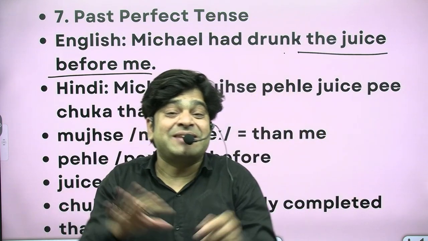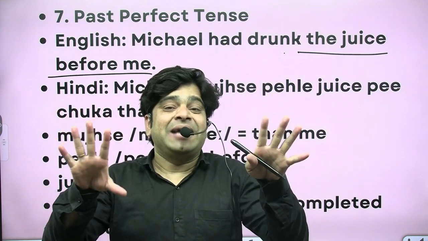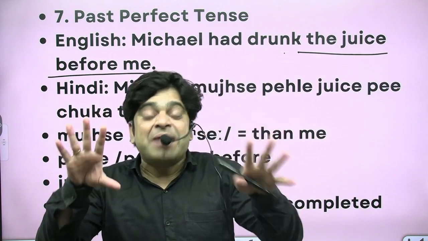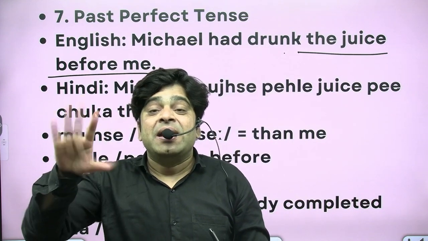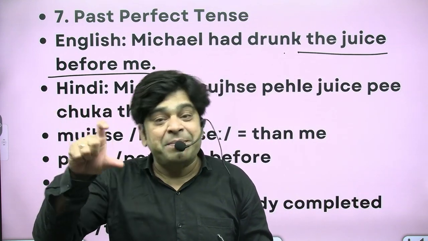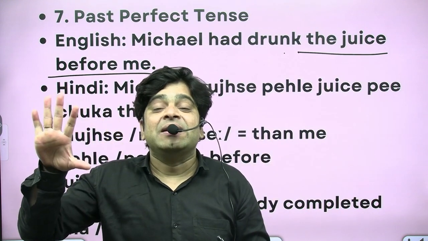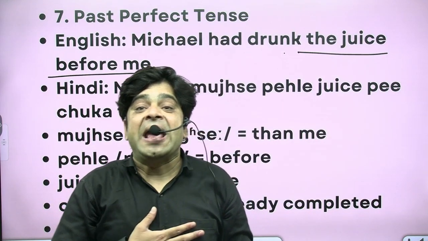This is the structure in Hindi: subject, then object. But anything related, like a time preposition, comes before the object. Like Michael, before me, so it will come before the object. Michael, before me, means mujhse pehle.